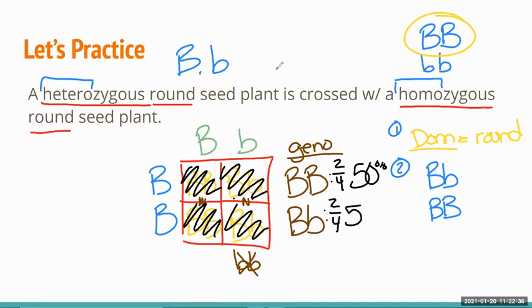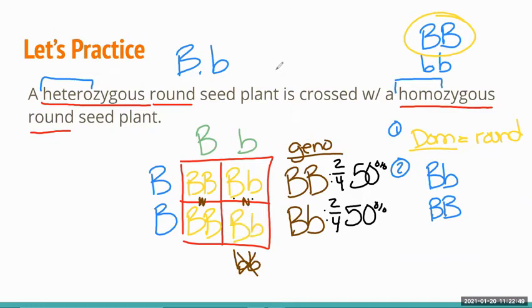So again, 2 out of 4 gives us 50%. And that's how you find the genotype percentages.